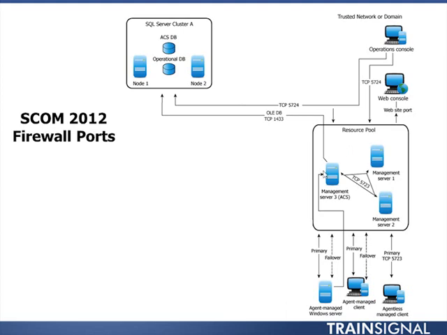Internally, the management servers in a resource pool are communicating on TCP port 5723. And so on and so forth. You can read the screen. But it tells you exactly which ports need to be open in which direction in order for communication to be able to flow appropriately in your Operations Manager environment.